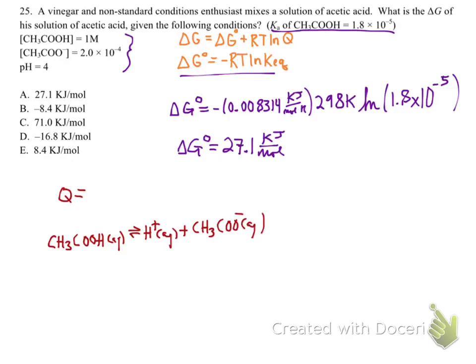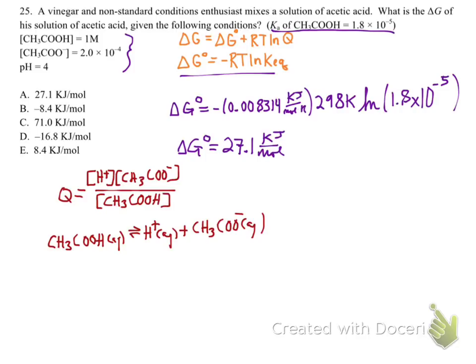So Q is just going to be products over reactants, as it always is. H+ times CH3COO-, all divided by CH3COOH.